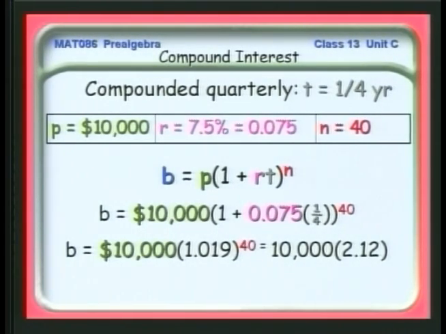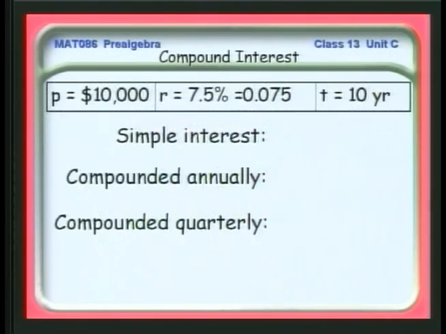Adding 1 to that, we get the expression 10,000 times the quantity 1.019 raised to the 40th power. I whip out my magic scientific calculator, rounded to the nearest 2 decimal places. That comes out to be 2.12. Doing the math, I get that B, the final balance, compounded quarterly, is $21,200.